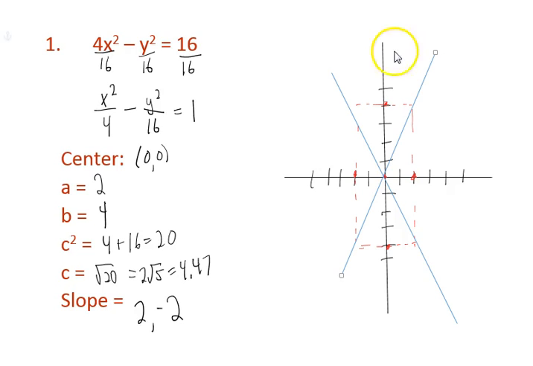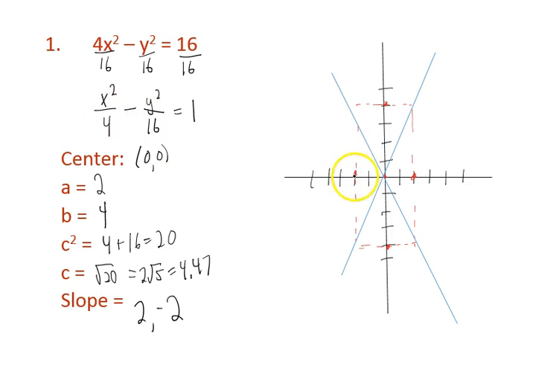Now, to draw the hyperbola, you're going to decide whether it's left and right or up and down. So when you look at the equation, we had an x squared minus a y squared. That means it's left and right. The vertex for this is going to sit on the edge of the box.